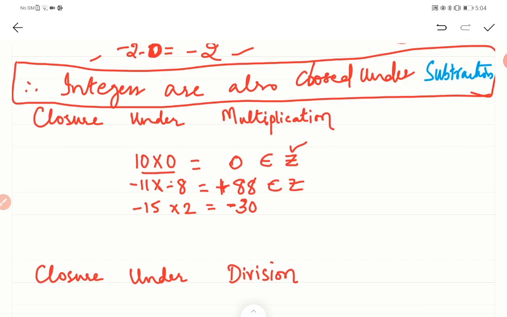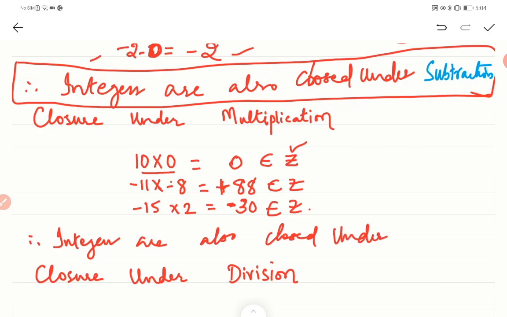So minus plus will give you output in terms of minus. So even this belongs to Z. Therefore you can say integers are also closed under multiplication.